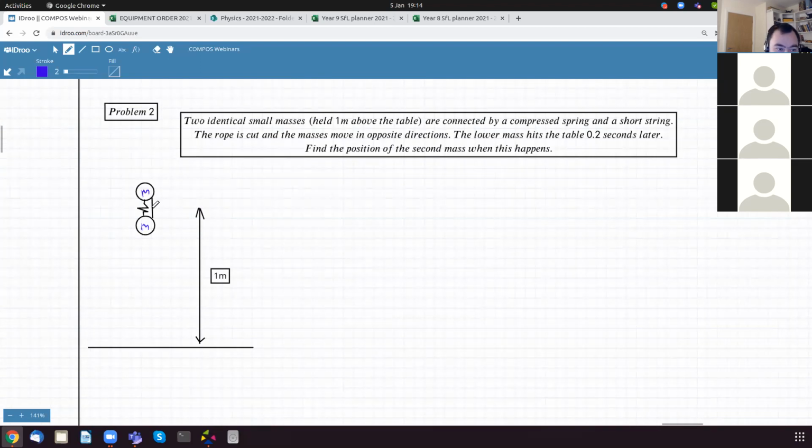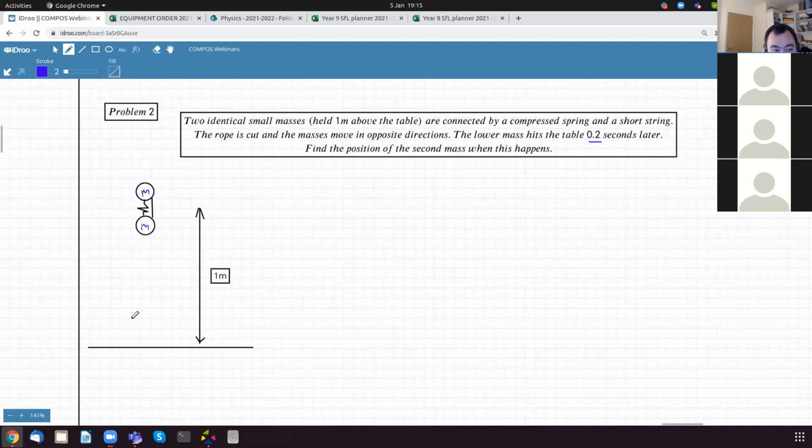We cut the string and we release the masses at the same time. So the masses start moving in opposite directions. One moves down, one moves up, because they are accelerated by the spring. The lower mass hits the table 0.2 seconds later. Find the position of the second mass when this happens. So when the first mass hits the table, where is the second mass?